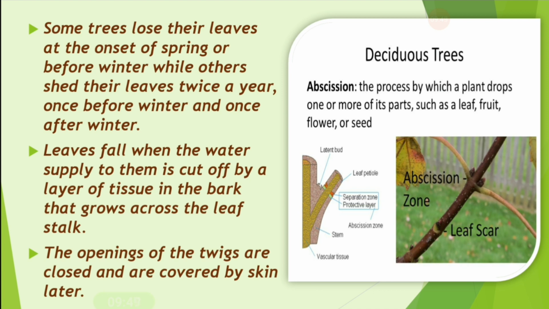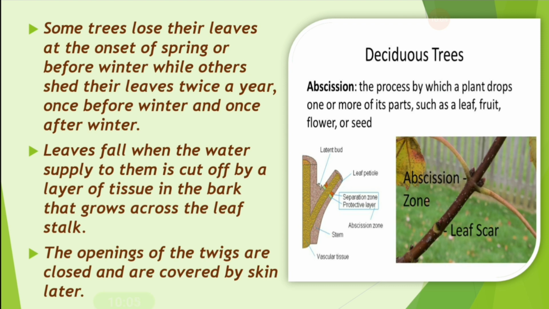So students, as you can see, the process by which a plant drops one or more of its parts such as a leaf, fruit, flower or seed is called abscission.